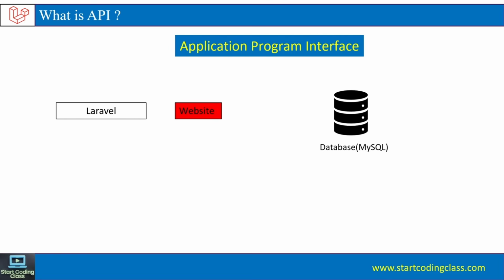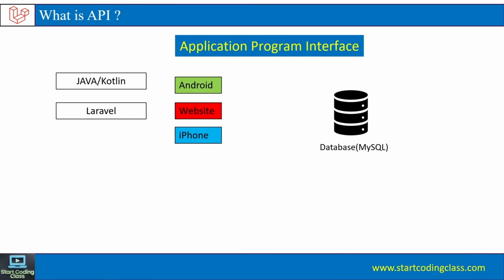If you want to communicate with the database, you need a backend language like Laravel, which is PHP, Java, Go, and .NET, something like that, a backend programming language. You have a website, you have an Android app, and you have an iPhone app. Android is developed in Java or Kotlin, and iPhone is in Swift. So these languages can't communicate with the database directly. So we need an API.